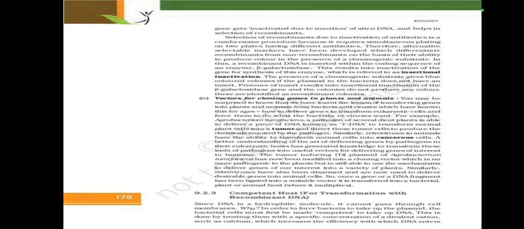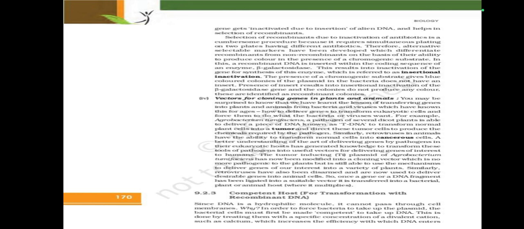You may be surprised to know that we have learned the lessons of transferring genes into plants and animals from bacteria and viruses, which have known how to deliver genes to transform eukaryotic cells and force them to do what the bacteria or the viruses want.